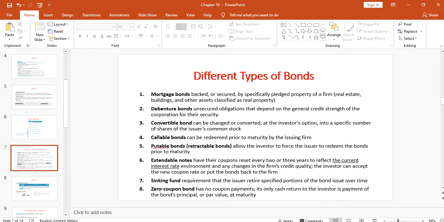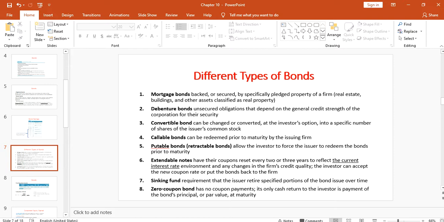Okay, this time, if Microsoft has an outstanding bond for 5 years and 2 years have passed, we have 3 years left. But if the bond is a callable bond, then before maturity they can redeem the bond.